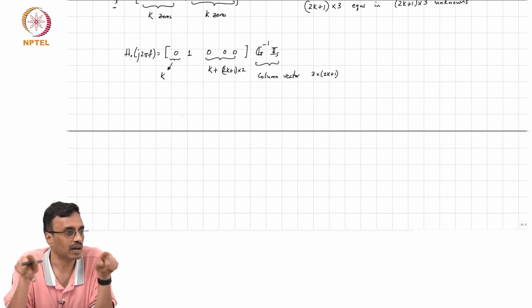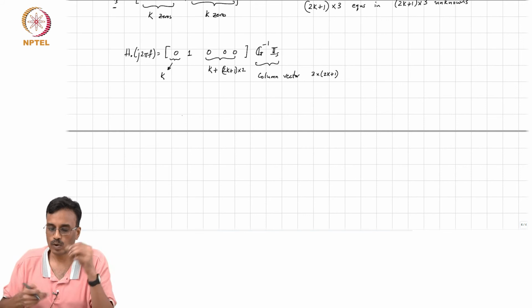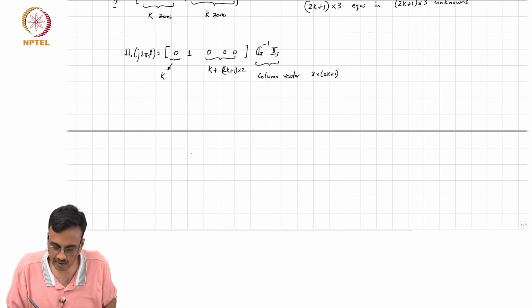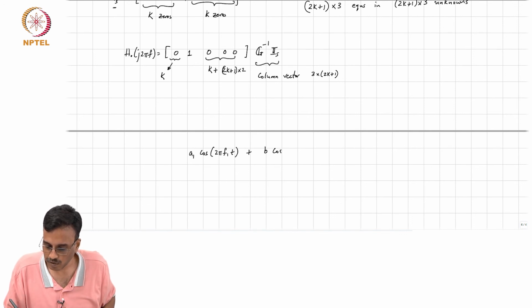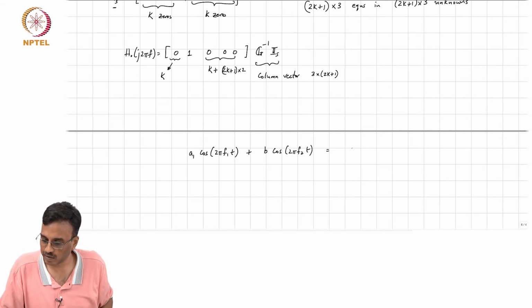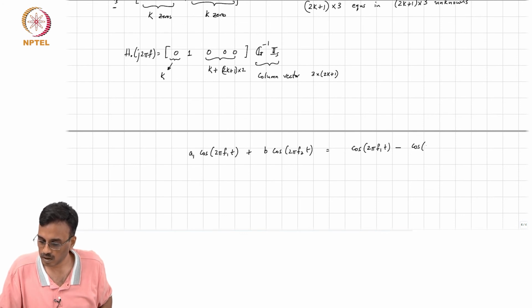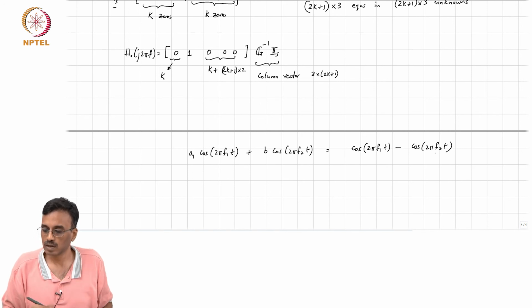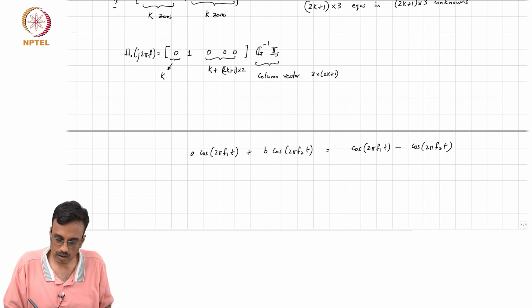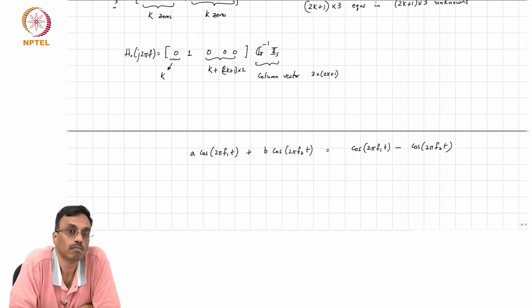Now if you have multiple tones, the question is, what he's asking is, if a1 cos 2 pi f1 of t plus b cos 2 pi f2 of t is equal to, let's call this cos 2 pi f1 of t minus cos 2 pi f2 of t, what are a and b? One and?